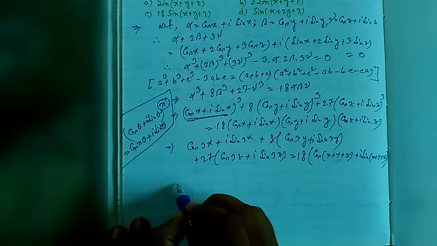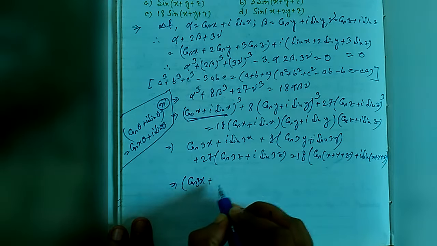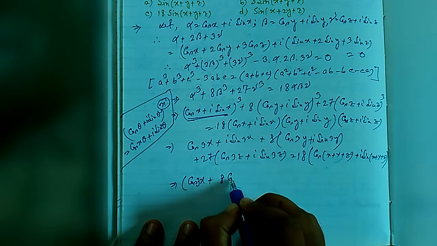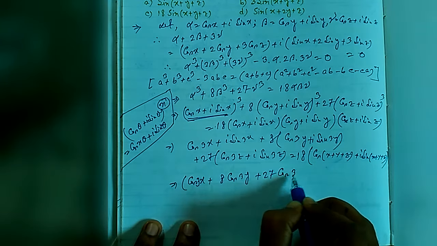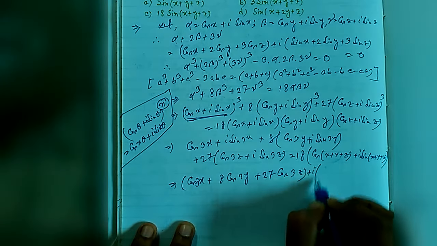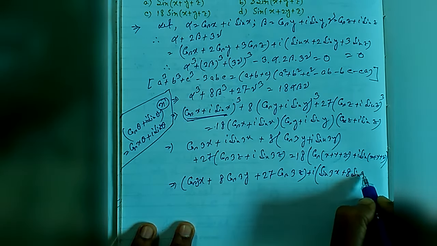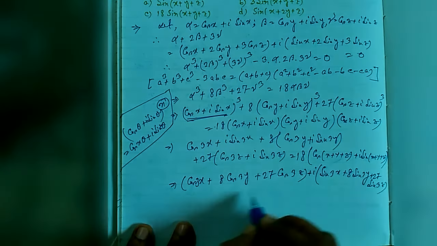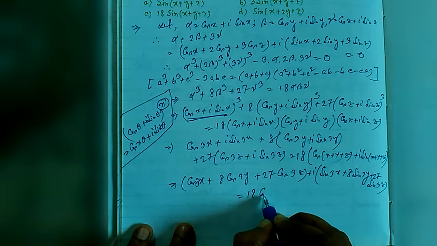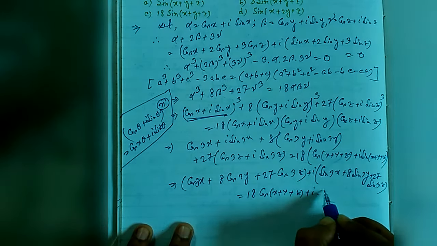So if we write this in real and imaginary parts, this is the real part and the imaginary part will be plus 27 sin 3z, equal to 18 cos of x plus y plus z plus i into 18 sin of x plus y plus z.